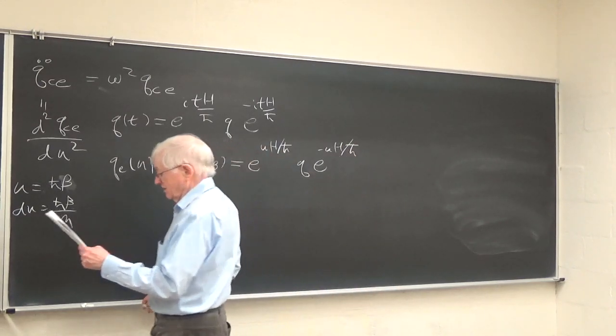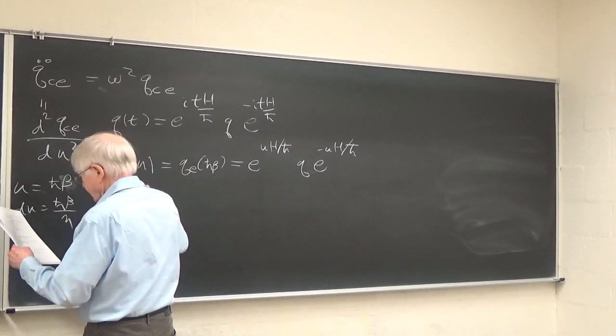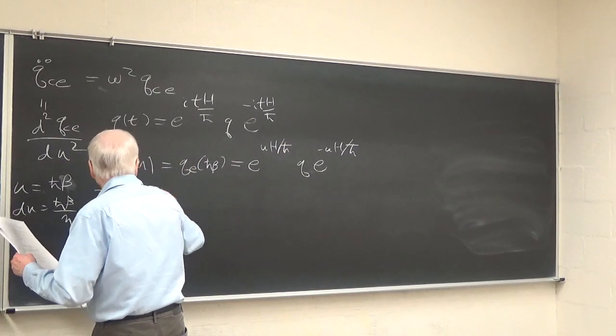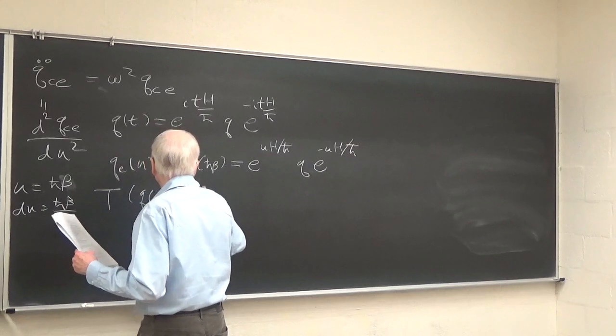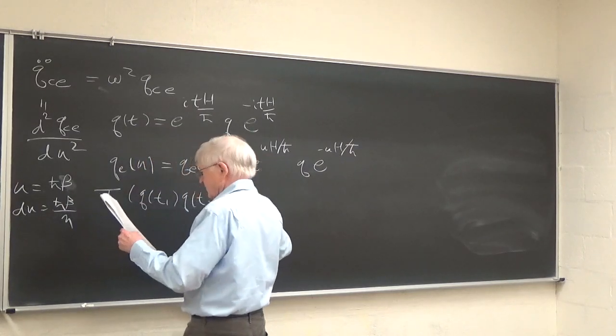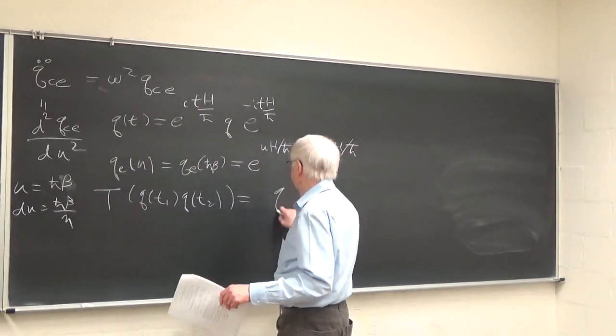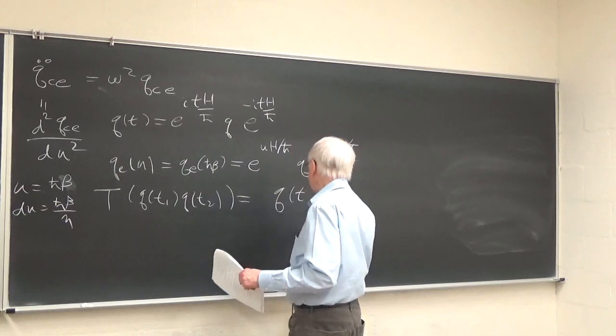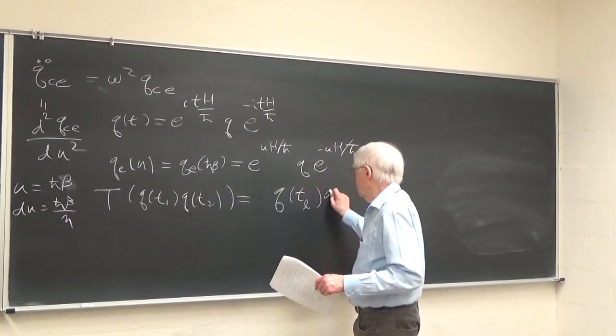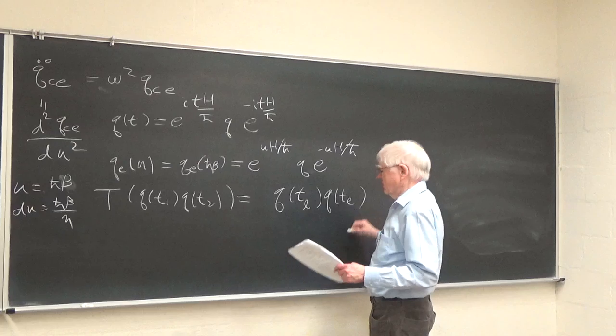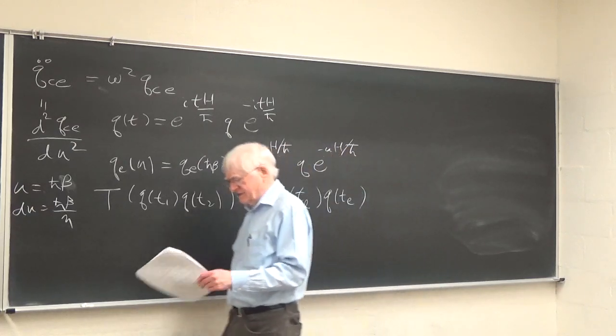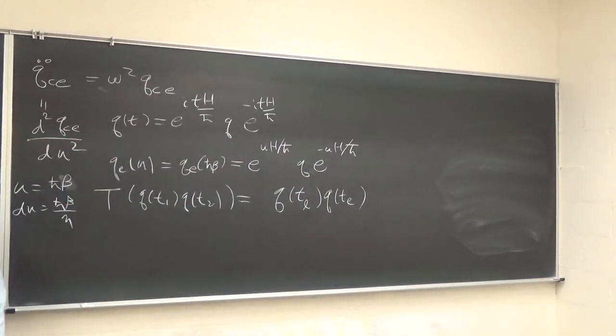And now the time-ordered product of T of Q1, T of Q2 is, of course, Q of T later, Q of T earlier. In the notes, I use T greater and T lesser, but what do you think is most clear?